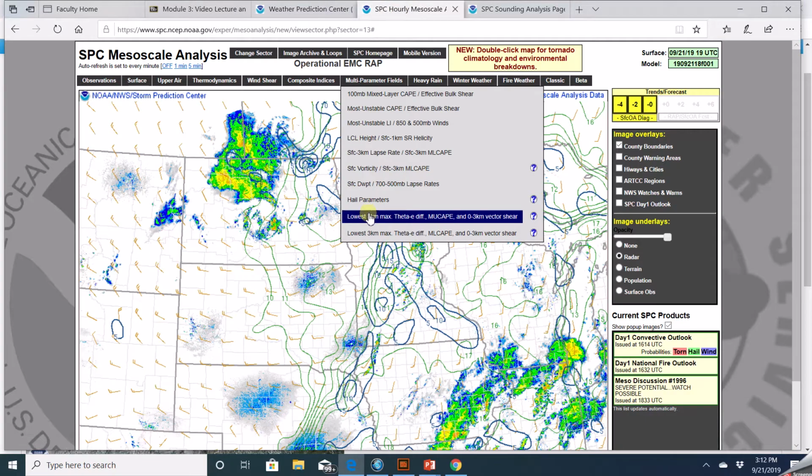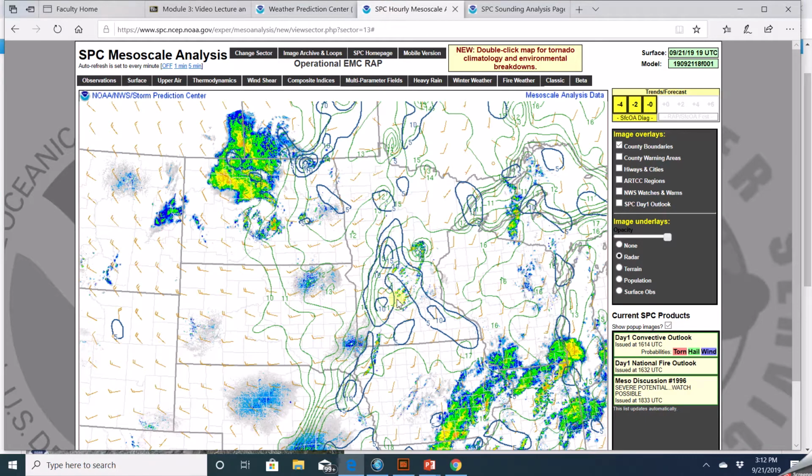If you look at this parameter called moisture convergence, which is just combining convergence of the air and moisture, you can see it maximizes itself right along this area. And actually, they're talking about putting a severe thunderstorm watch out for that area right now. So you can see in practice how you're using what you've learned here.